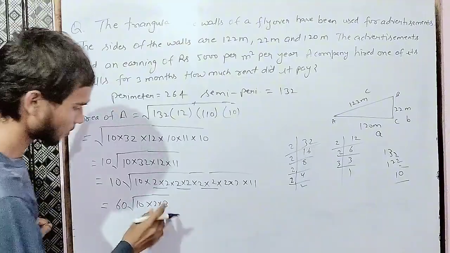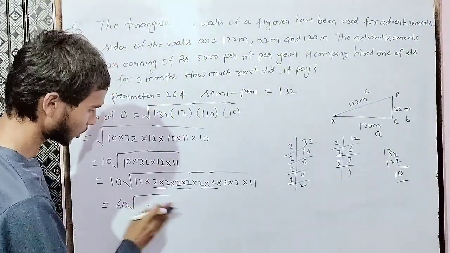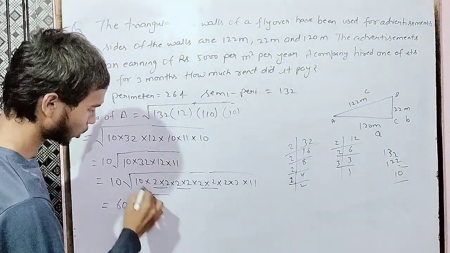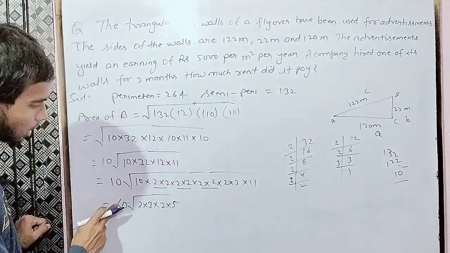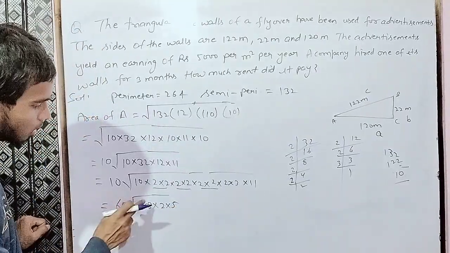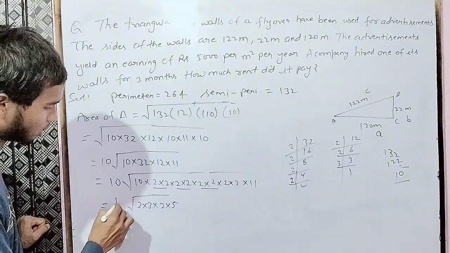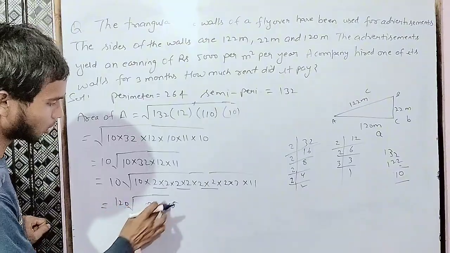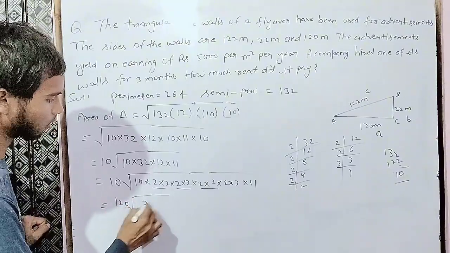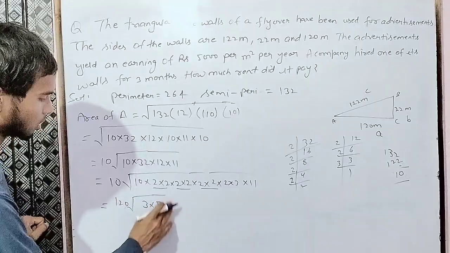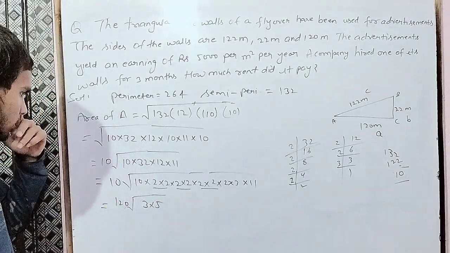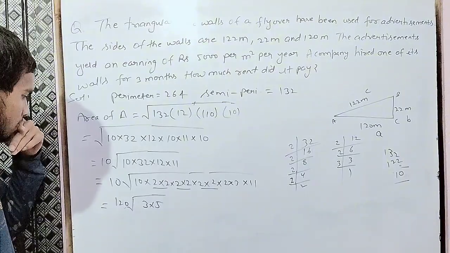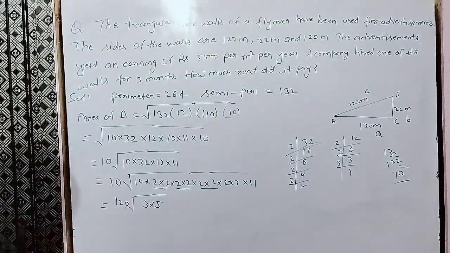Here I can write 2 multiplied by 3, 2 multiplied by 5. Again this will be how much? 60 multiplied by 2, 120. 3 multiplied by 5. I have this. Is it right?